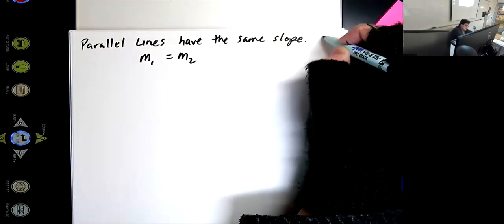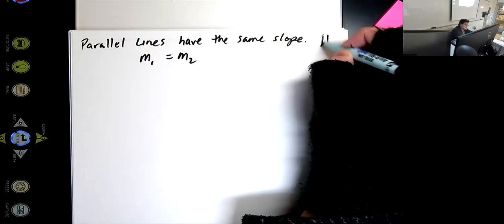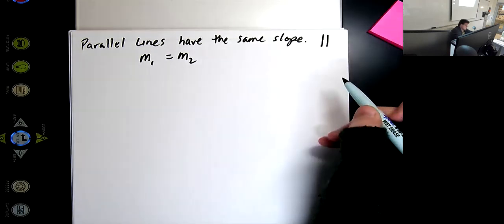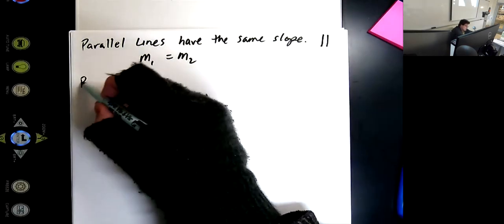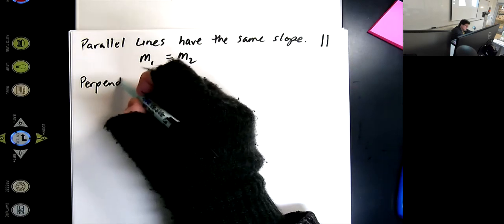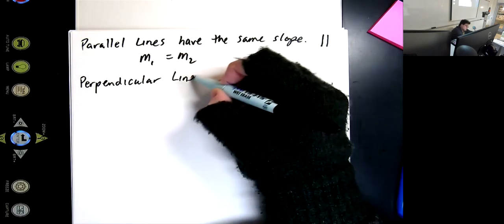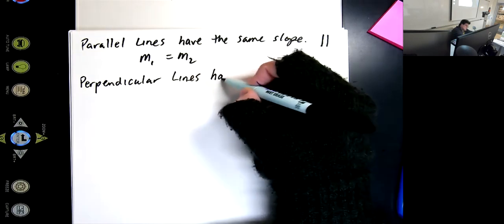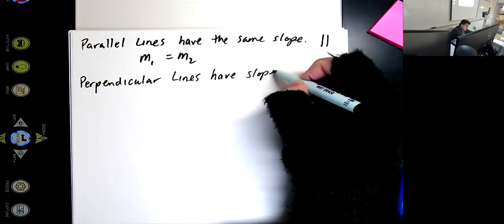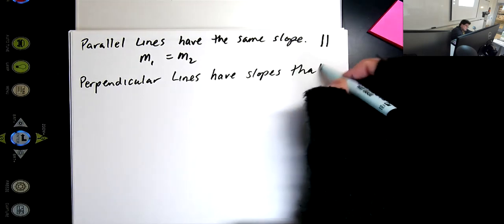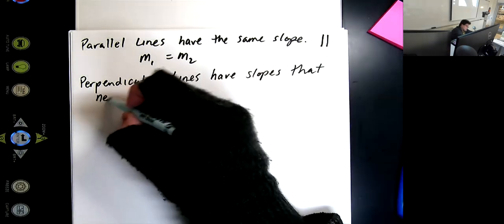And the symbol for parallel tends to be 2 vertical lines. Perpendicular lines have slopes that are negative reciprocals of each other.